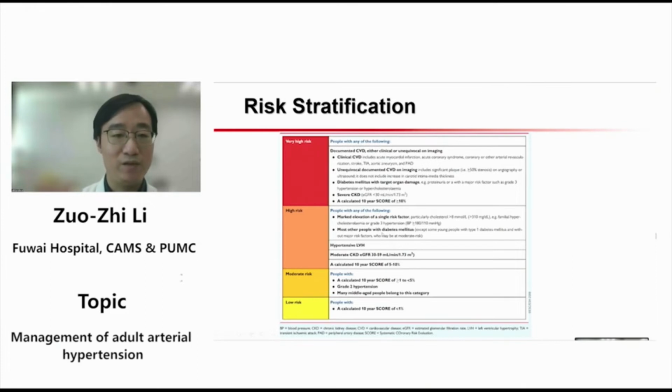Also patients with left ventricular hypertrophy or moderate CKD, that is eGFR between 30 and 59. And if a patient has grade 2 hypertension without the above risk factors, then the patient, especially many middle-aged people, belongs to the moderate risk category.